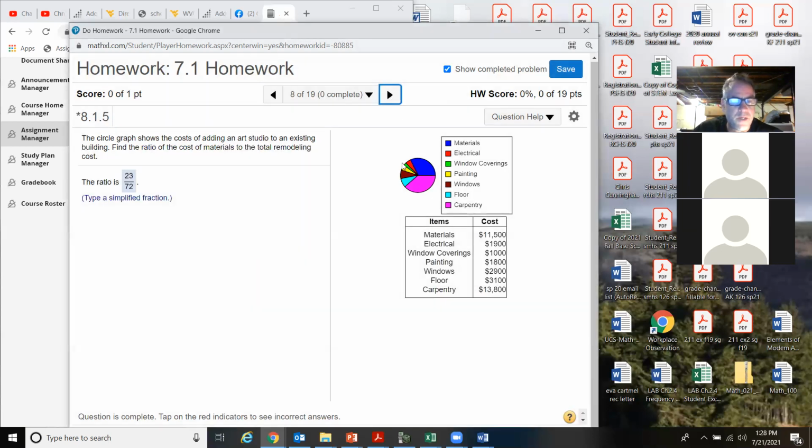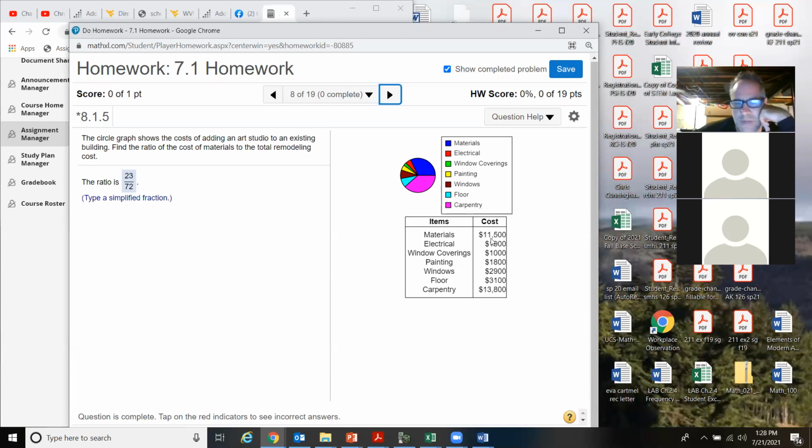We have some other problems dealing with what they call circle graphs. The circle graph here shows the cost of adding an art studio to an existing building. Find the ratio of the cost of materials to the total remodeling cost. To answer this, you really don't need to look at the pie chart; you just need your table.